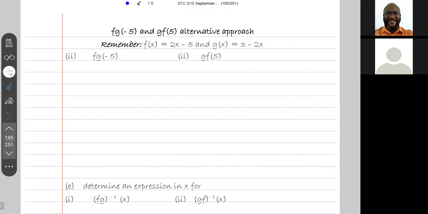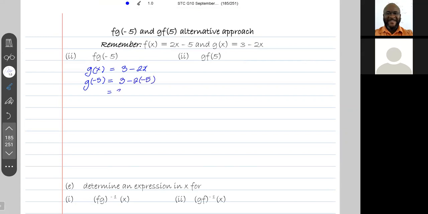Guys, if someone asks me to find f of g of minus 5, the first thing I would find is g of minus 5. So g of x is equal to 3 minus 2x. G of minus 5, wherever I see x, I'm going to put minus 5. So this is 3 minus 2 times minus 5.